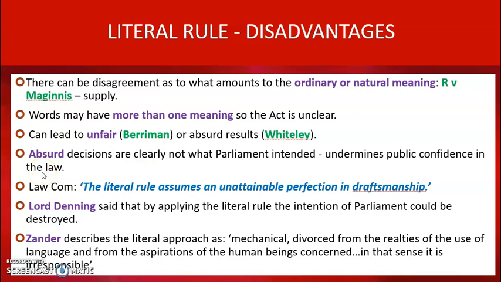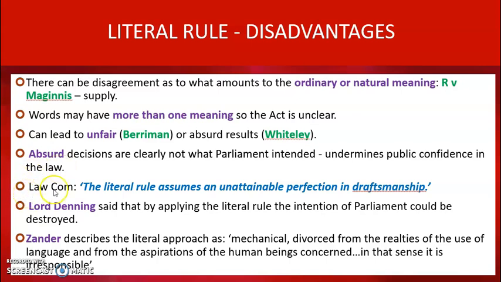Absurd decisions are clearly not what Parliament intended, and it undermines public confidence in the law. You know, people look at cases where words have been interpreted literally, and it seems daft, it seems absurd, it looks as though the law is a bit silly, really, in some respects.